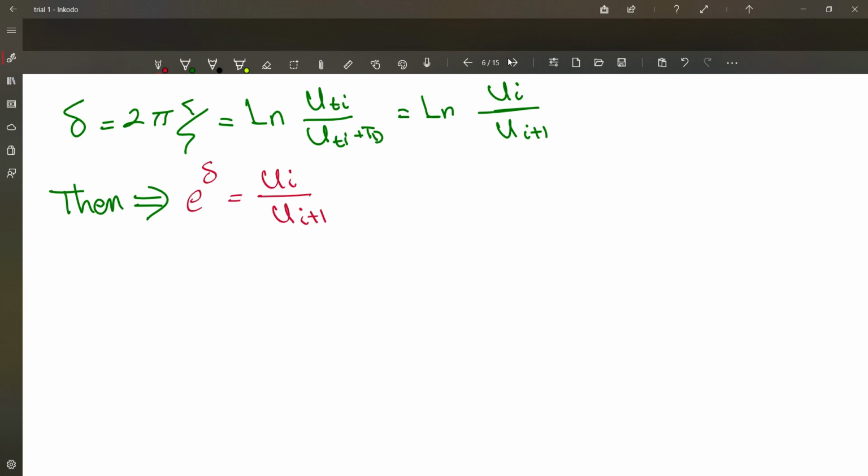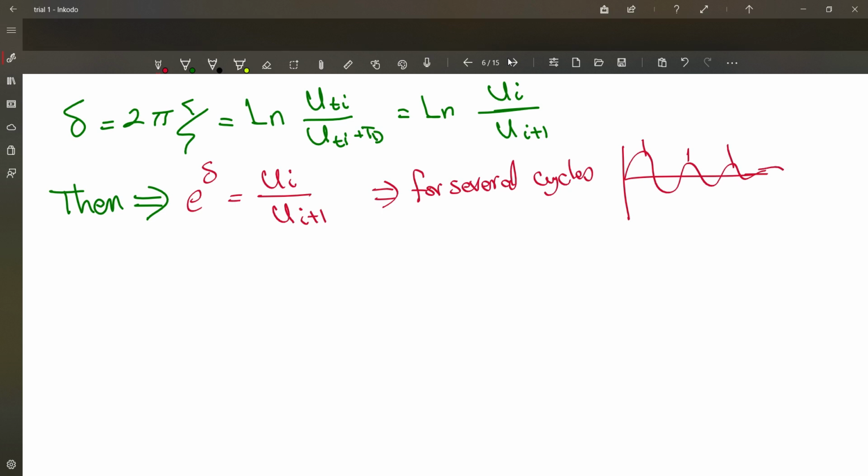And based on this, if we have several cycles, our system is going to have something like this: 1, 2, 3, 4, and so on. We have different cycles. So we have n cycles.